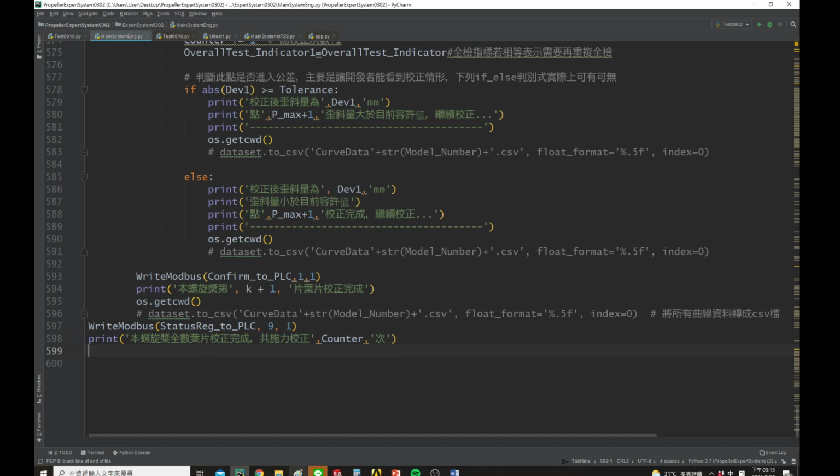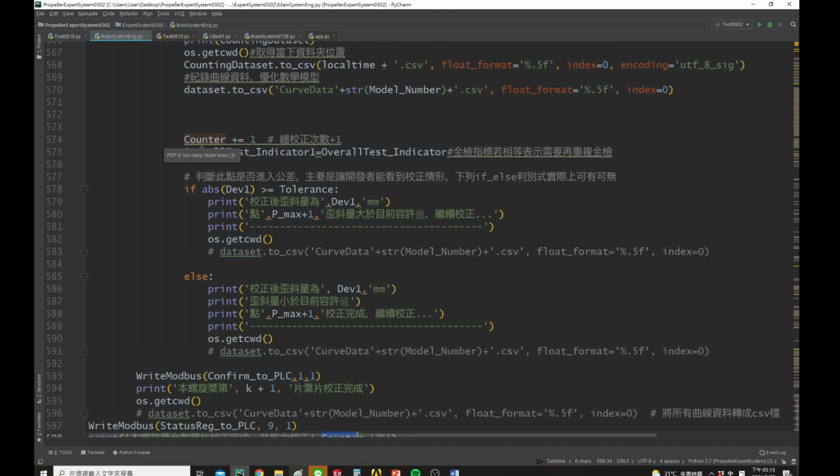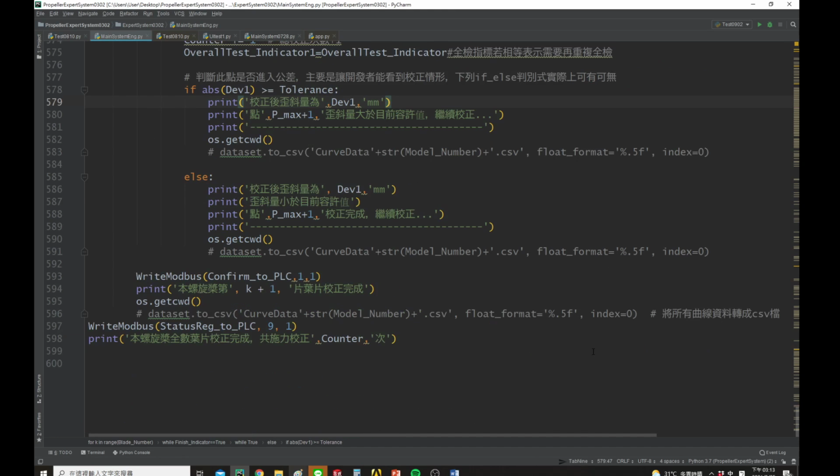And then all the blades of this propeller are completed. It tuned how many times? Many times. This counter is this one. So that's all for this program.